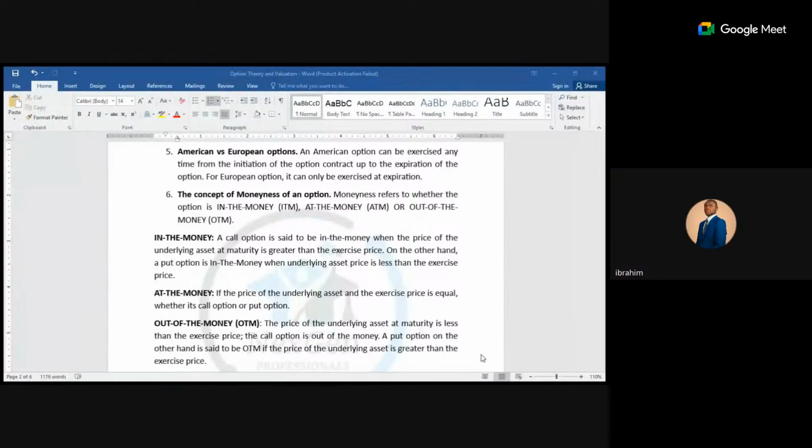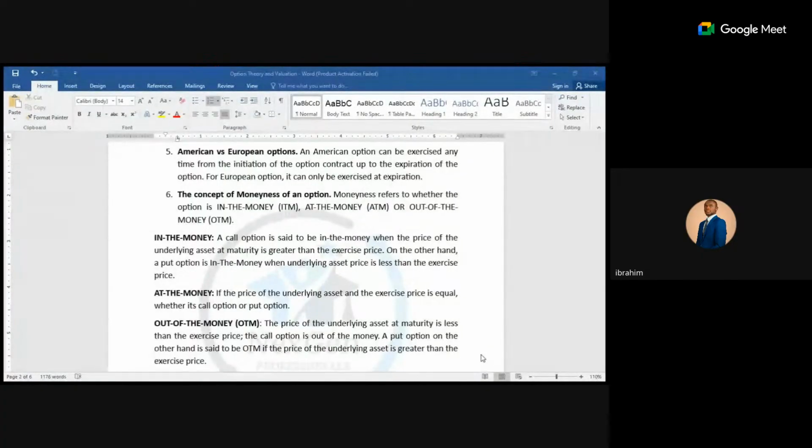You can exercise your rights within that period, from the date of initiation to the date of maturity.